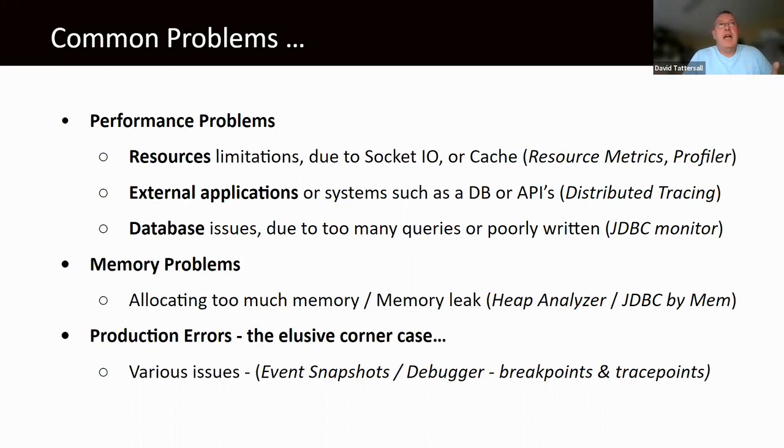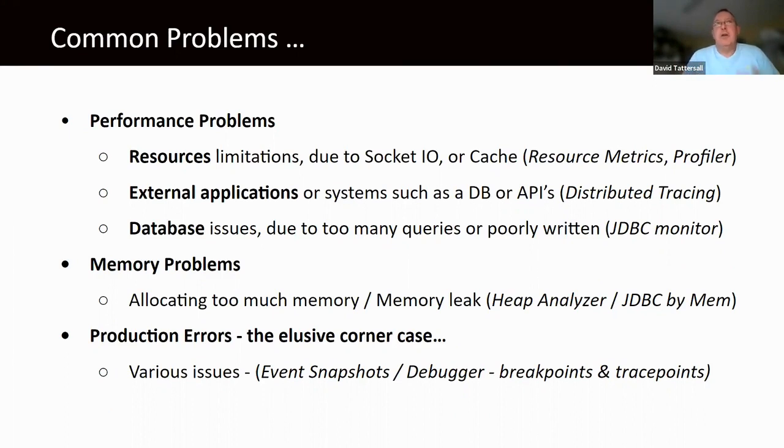With a lot of our customers, probably about 60% of the performance issues are DB related. That could be too many queries in a transaction or a page, maybe poorly written JDBC, or you're missing an index on a table, or you need to reorganize tables or keys.